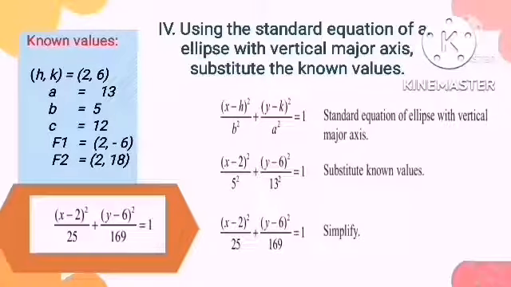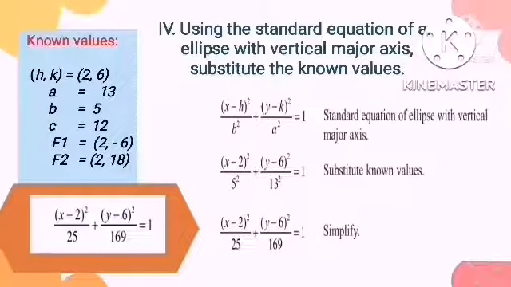So now after substituting, we get the quantity of x minus 2 squared over 5 squared plus the quantity of y minus 6 squared over 13 squared equals 1. And now we simplify it to get the standard equation. And then we get the quantity of x minus 2 squared over 25 plus the quantity of y minus 6 squared over 169 equals 1. And that's it.